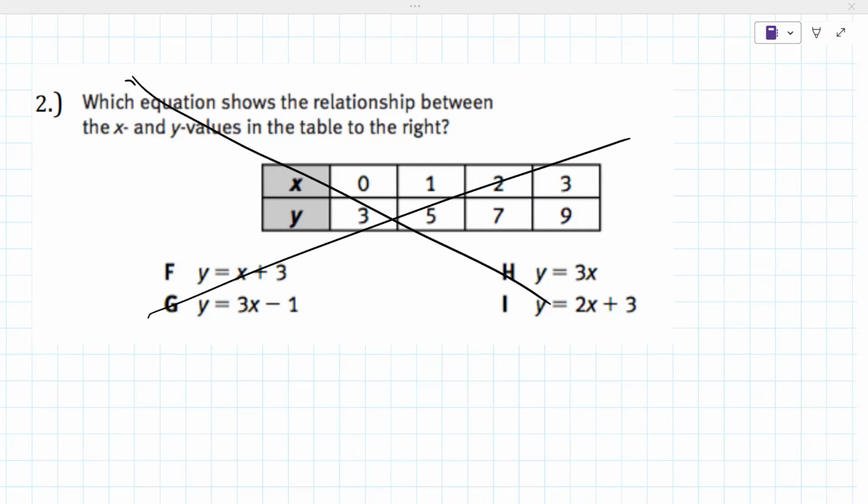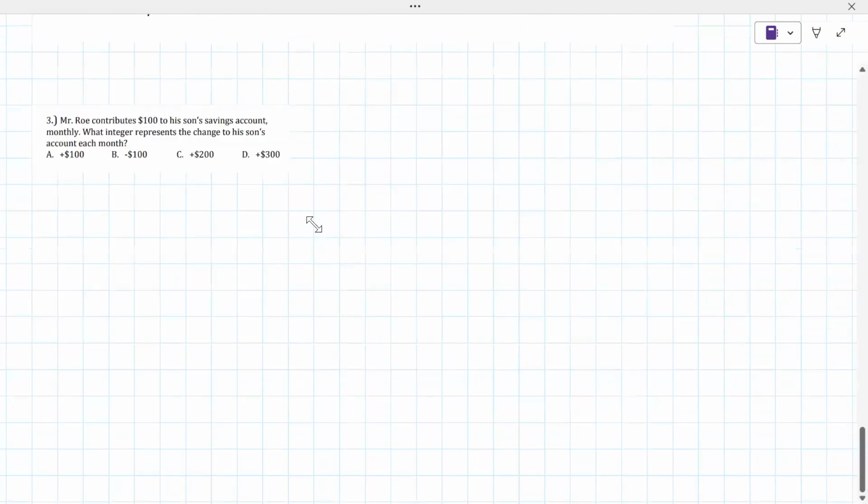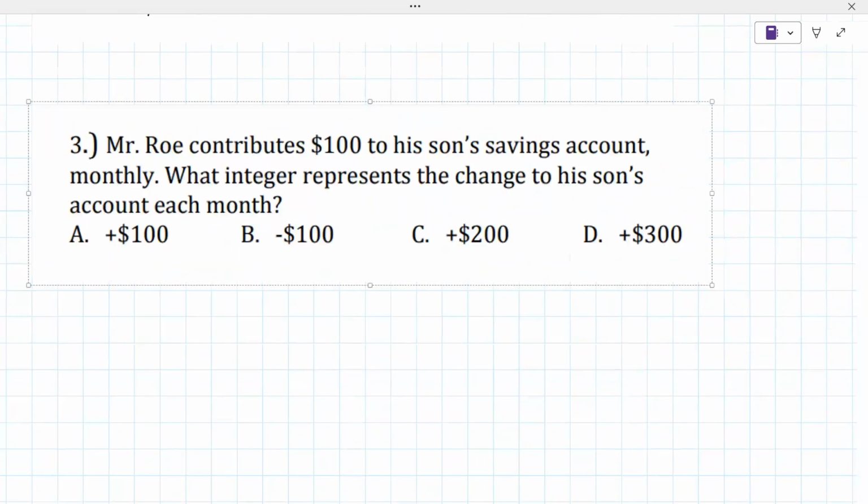All right, let's look at number 3. Read that and see if you can work that out on your own, please.